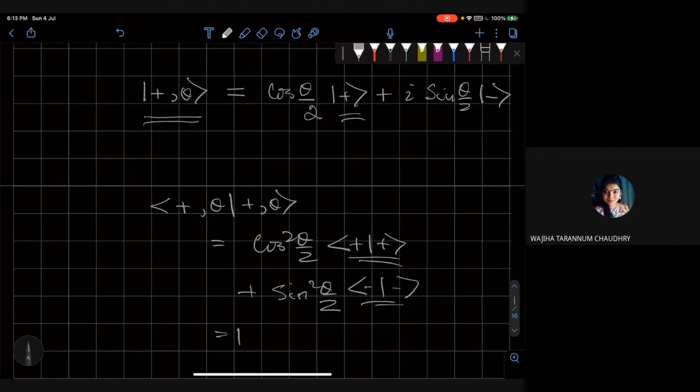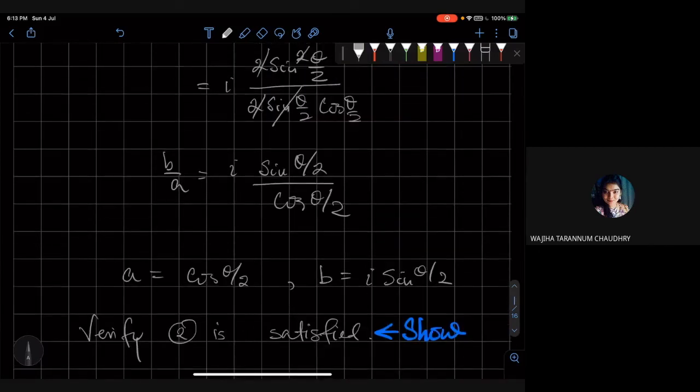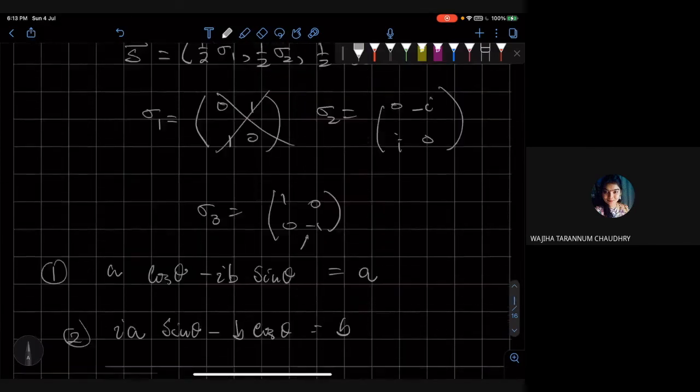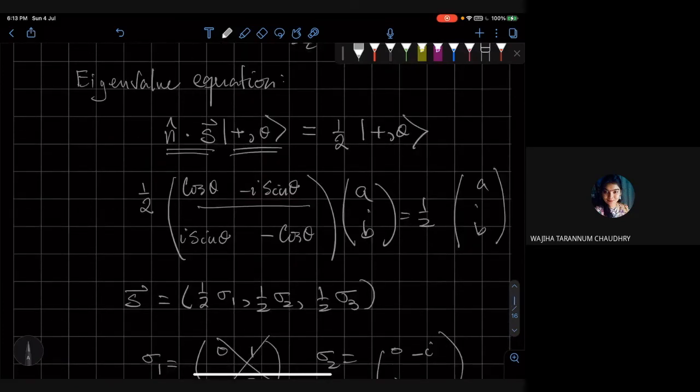Okay, any questions about this? Sir, I'm not sure how we got the matrix with cos theta and minus i sine theta. Could you do this again a little bit? Sure.